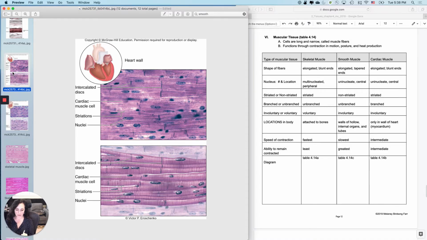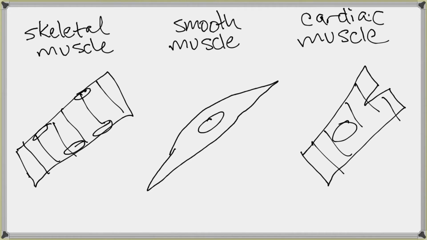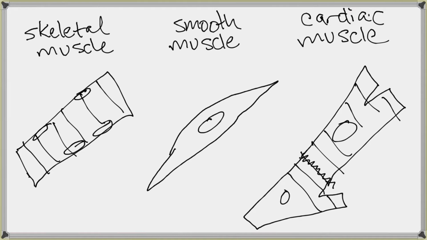So let's go ahead and scribble that one in on here. So the intercalated disc will look like a really dark striation, but what it really is is the junction of that cell communicating with another cell. And it's actually, I don't know if you guys remember the types of cell junctions.